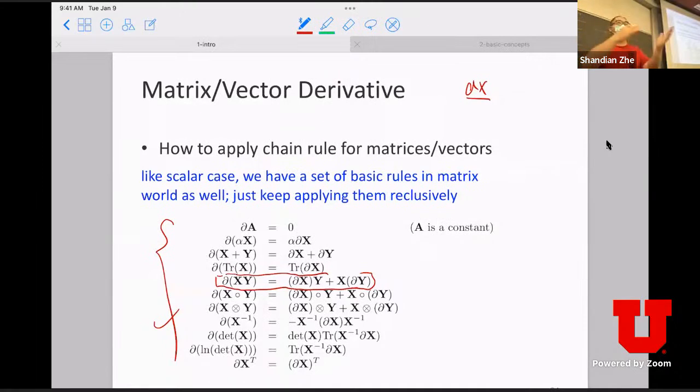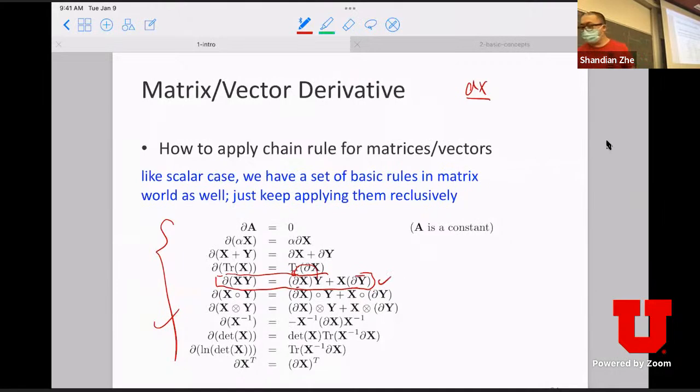In the scalar case you can, since x times y equals y times x. But for matrix and vector operations, you cannot move y in front of partial x because you cannot guarantee the sizes will match. So we get this first rule.